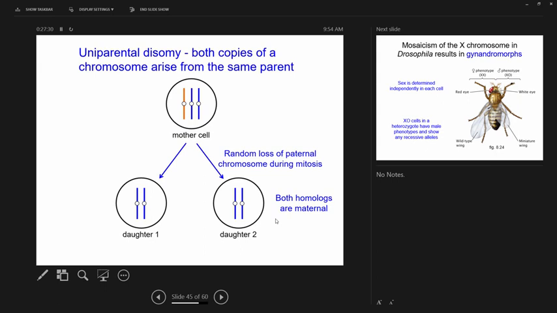And so if you got death of some of the cells, it would be fine as long as other ones live. And so the cells that maintain the 3 chromosomes would all be dead, and the individual would be made up entirely of the cell that lost the paternal chromosome there.